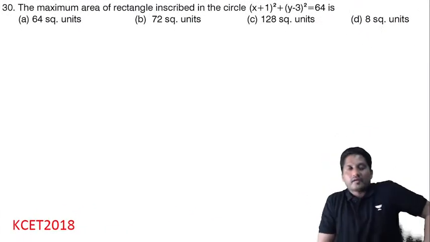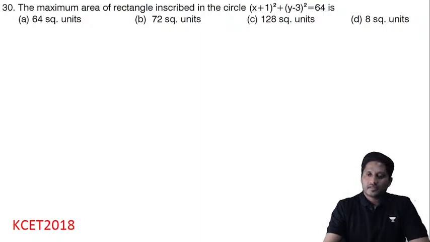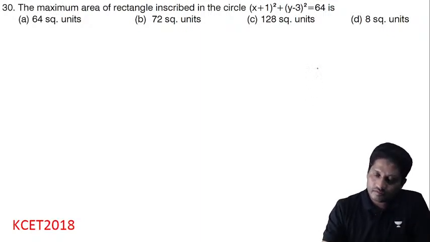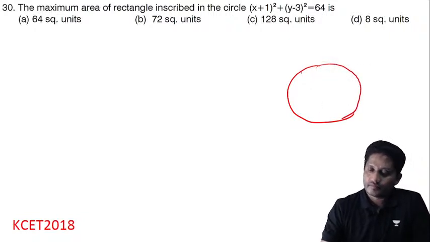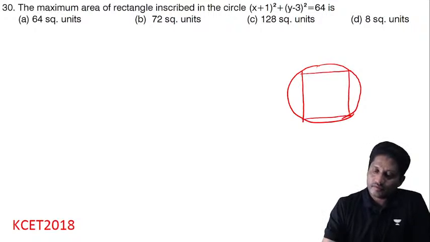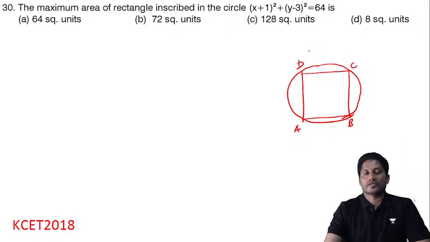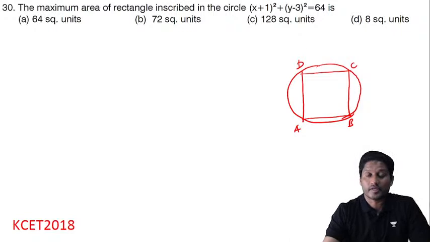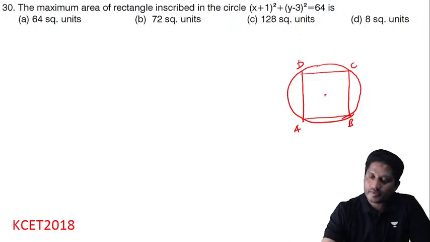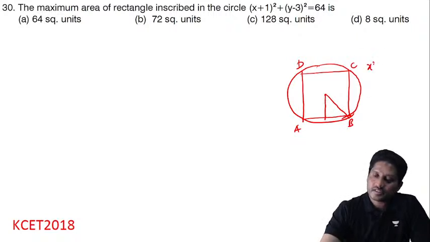Right? Maximum area of the rectangle inscribed in a circle. Okay, now we know that, this one is a miscellaneous NCERT exercise question: of all the rectangles inscribed in a circle of given radius, which has the maximum area? Let's say the circle is x square plus y square is equal to a square.